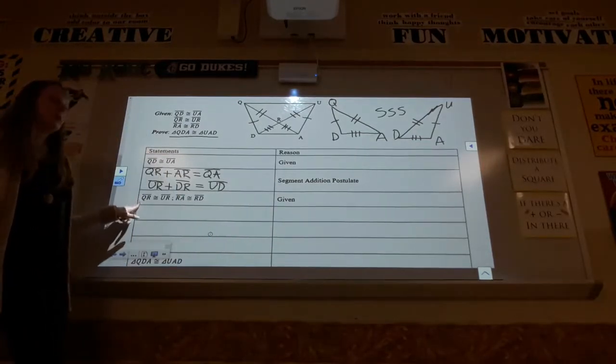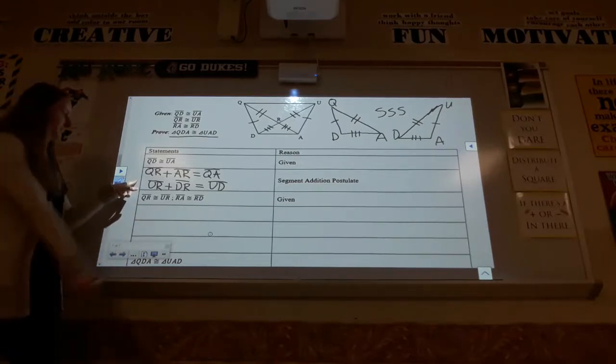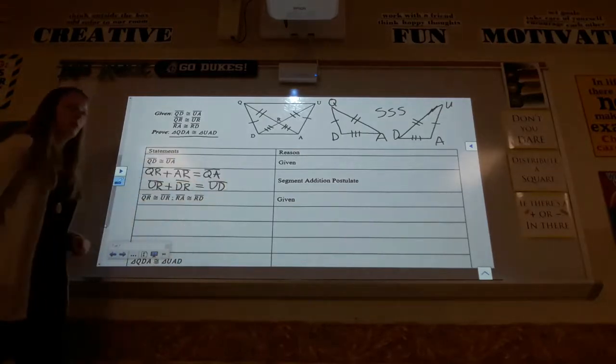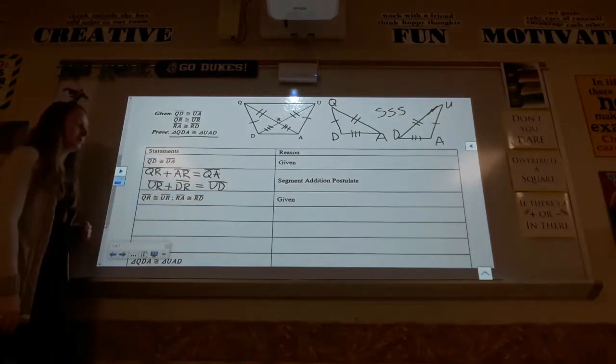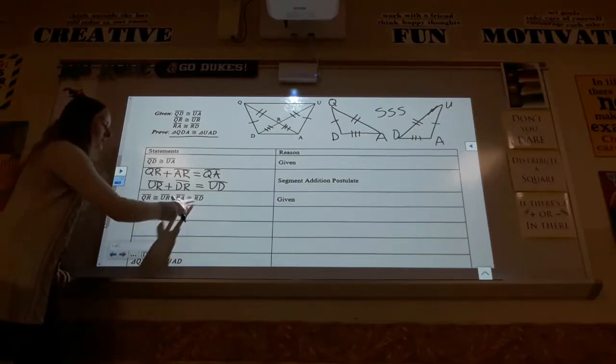So now I'm going to bring in these givens. How can that help me work with this and add these into the equation to get these two equal to each other? What do you guys think I would do? I know all these congruencies.